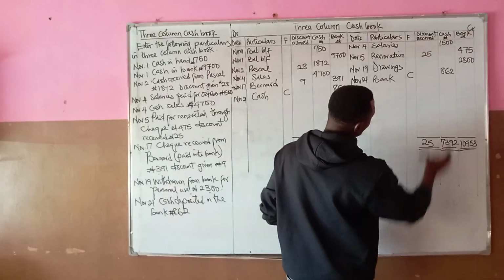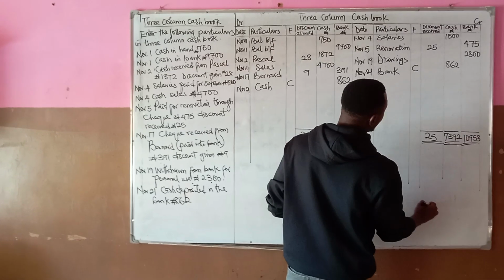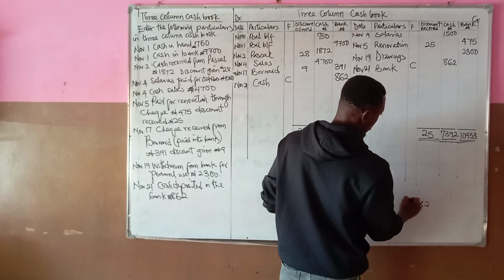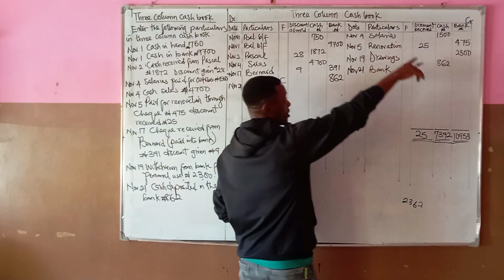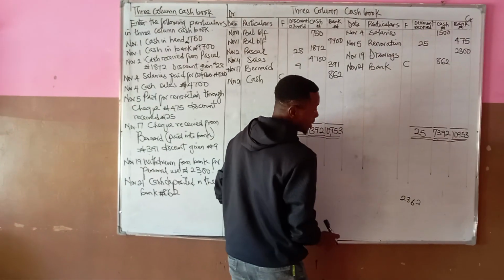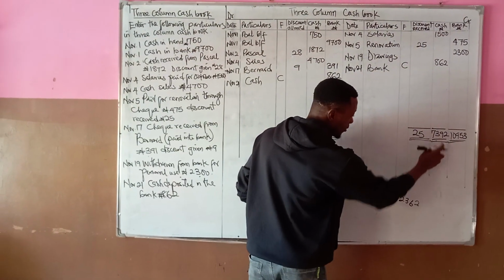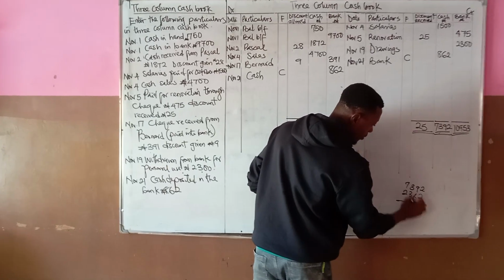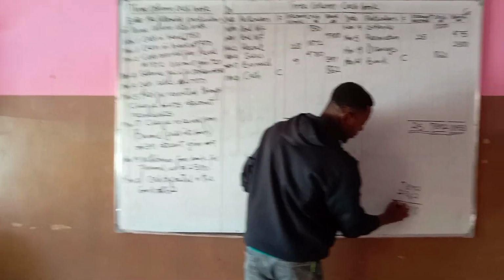Now let's do the sum. This plus 8, this will give me 2, 6, 13, 3, carry 1, 2,362. And you can see the total amount under the credit side is this. So I'll subtract it from this, 7,392. This is 0, this is 305.